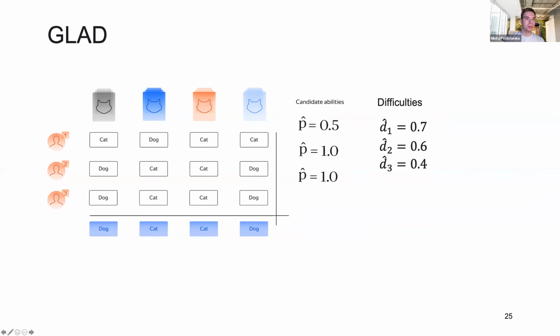It may not be true for this data set that is on the slide. But it tries to estimate some difficulties, and if the method decides that this task is difficult, it decreases the abilities of the performers. So it tries to think that for difficult tasks, people usually have smaller abilities.